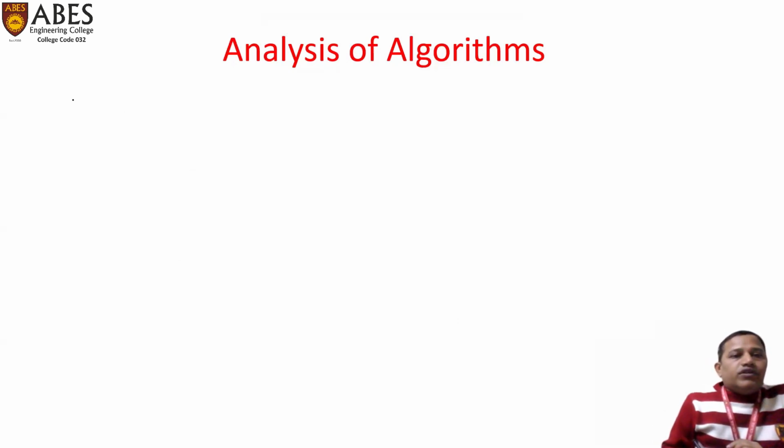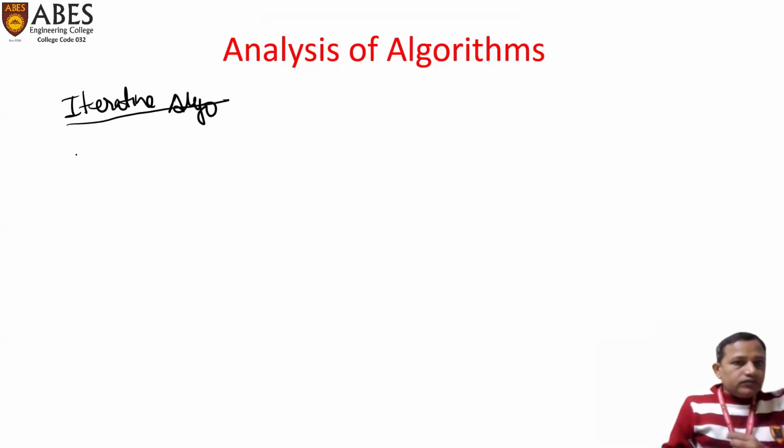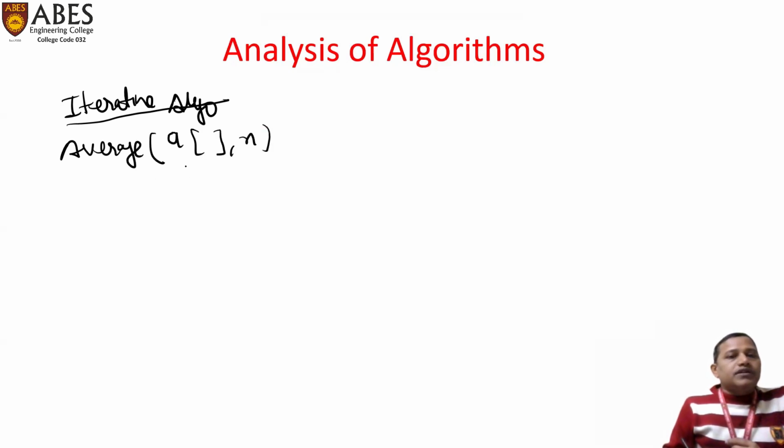So first take one example of iterative algorithm, how to find out the time complexity of iterative algorithm. Suppose we will find the average of n numbers, then we have function average(array, n), and we pass input size. Time complexity is always evaluated in terms of input size. This is input size. Okay.